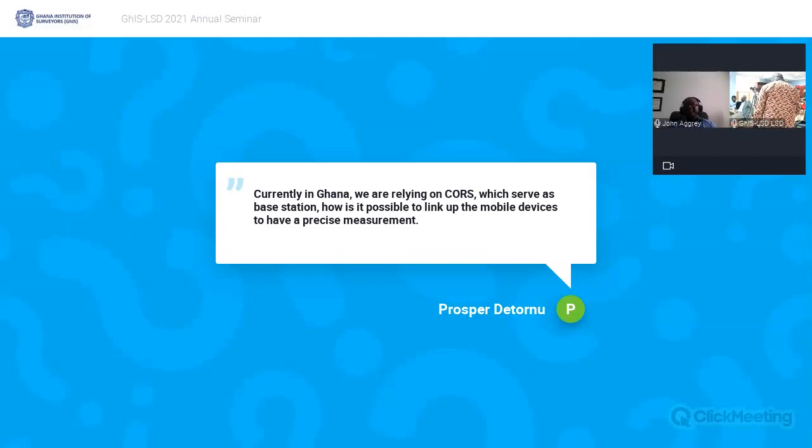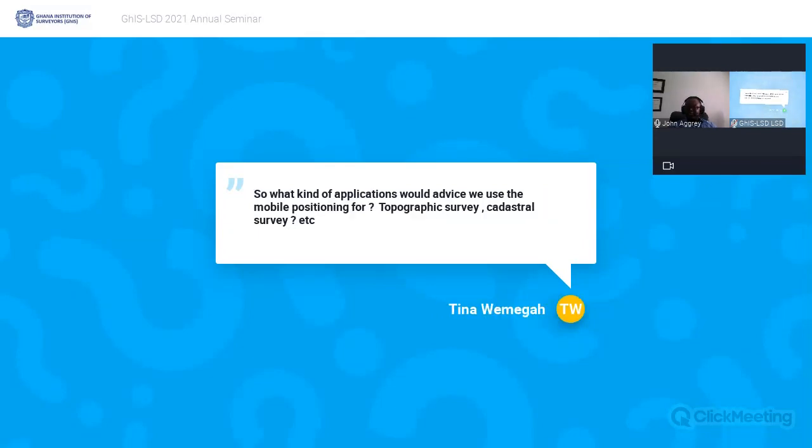Great question. I'm really happy this question came up, because by relying on a CORS network of stations, you actually have the best of both worlds. With the CORS system, you can send the corrections from the network to the phone and ask the phone to process the measurement as it comes through, to obtain a better result.